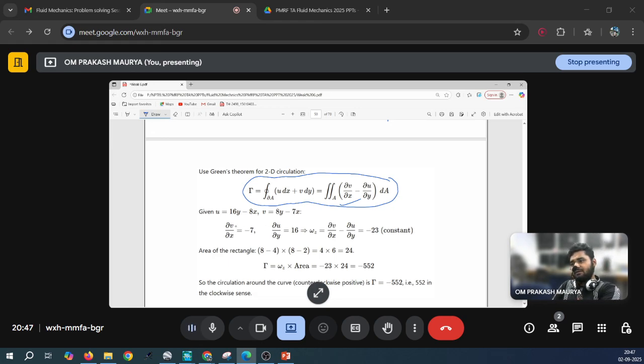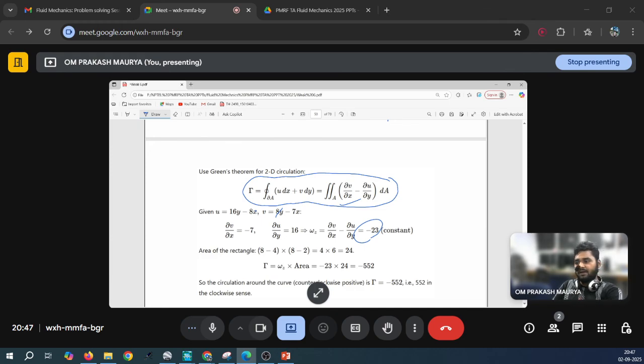So del v by del x is equal to minus, because this will be 0, minus 7x. Del u by del y is equal to 16 only, because here you have not any y term, so only 16. So del v by del x minus del u by del y, you will find out the final minus 23.